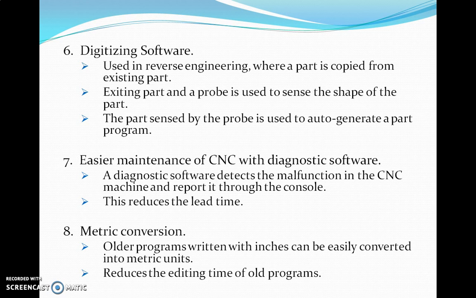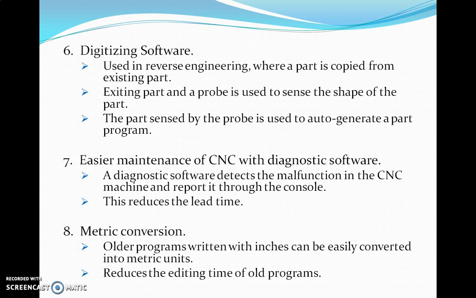So I am just making a virtual copy of the existing part, and I am making sure that an automatic part program is generated by using that copy. Again, I can execute that program, and this time I will replace the probe with a cutting tool. So I am doing reverse engineering here.